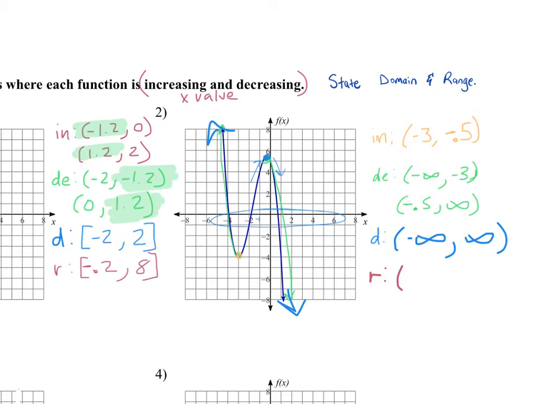And then our range, we start at the lowest point of our graph, so we see that this arrow keeps going down forever, so it starts with negative infinity, and then our graph keeps going up and never stops, so it ends at infinity.